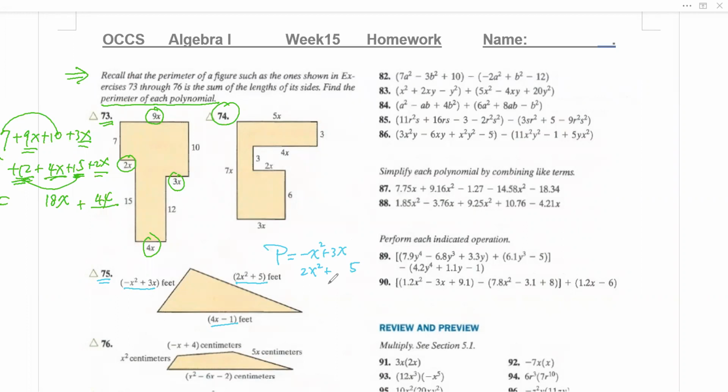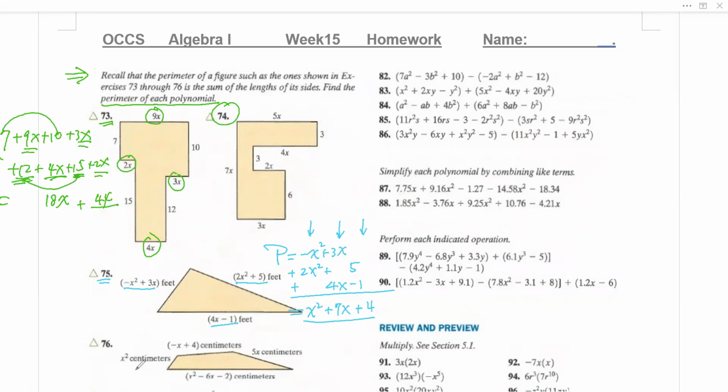And the third one is 4x minus 1, right? First side, second side, third side. If you do it based on degree 2, degree 1, and degree 0, you can easily get a result, right? So you can get here x squared, here plus 7x plus 4.